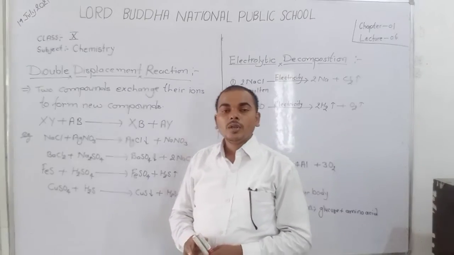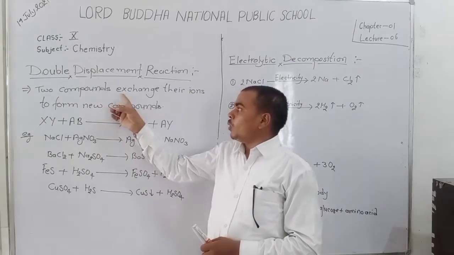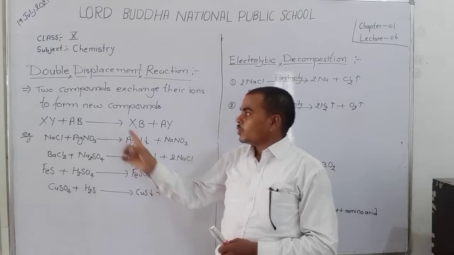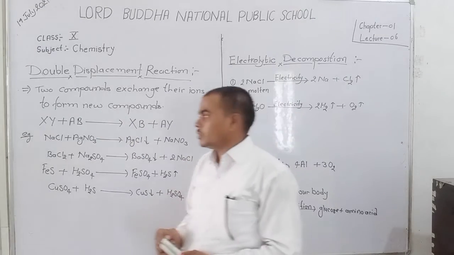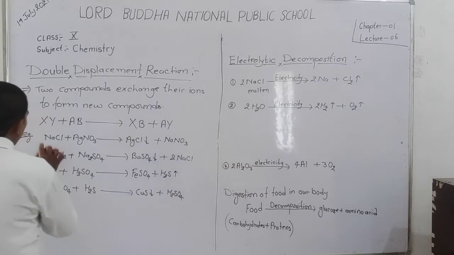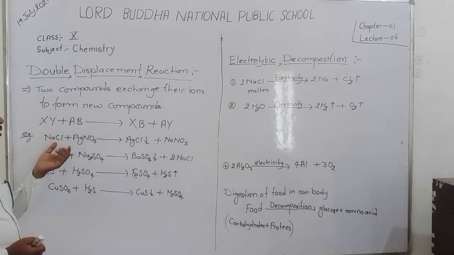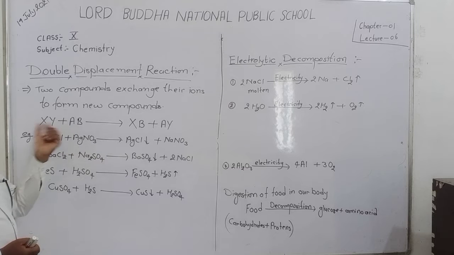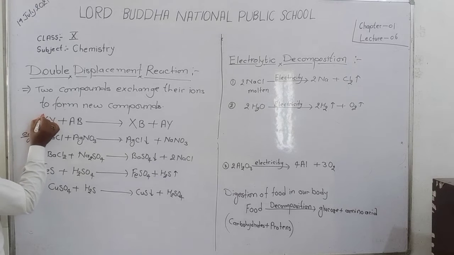Dear student, in a double displacement reaction, two compounds exchange their ions to form new compounds. For example, suppose compound XY reacts with compound AB. X has a positive charge, Y has a negative charge.